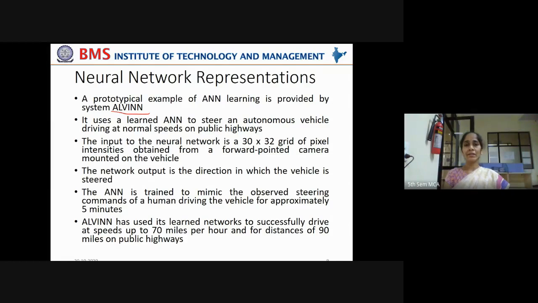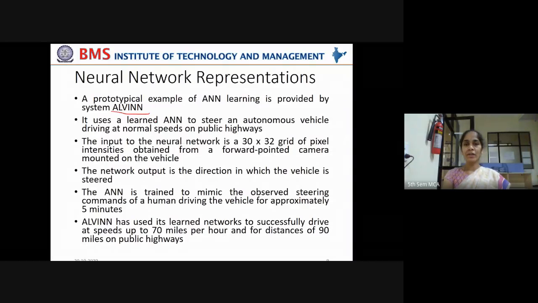We are taking the system called ALVINN, an automated driving vehicle, and how it learns from its current experiences in order to drive safely. With respect to that ALVINN system, let us understand how these neural networks are represented. Because if we take a real example, I think it will be easy for us to understand the concept.